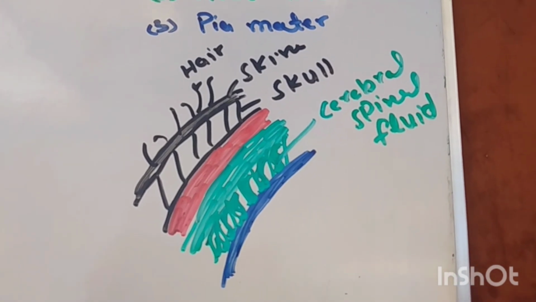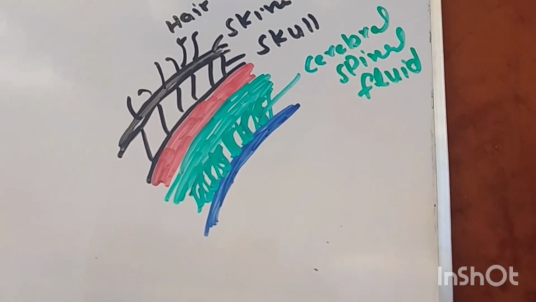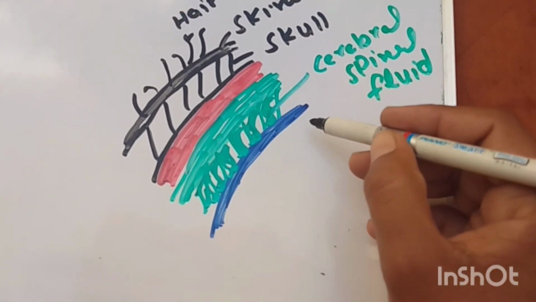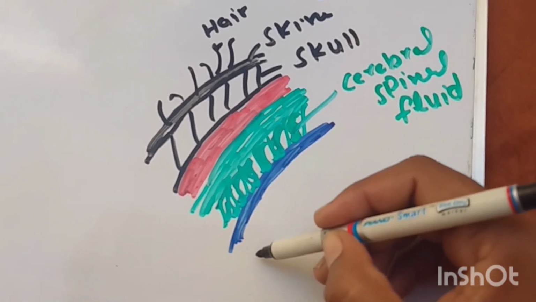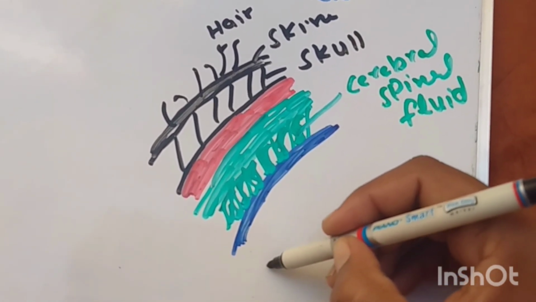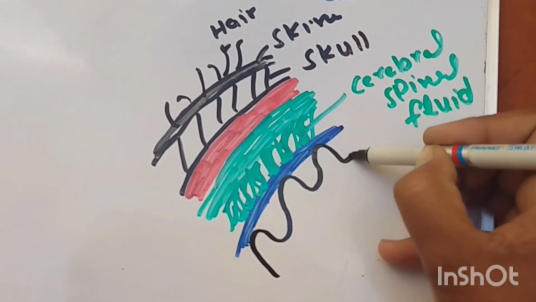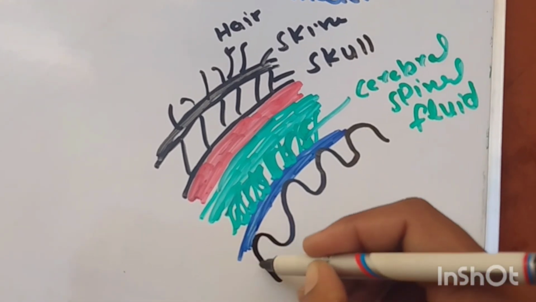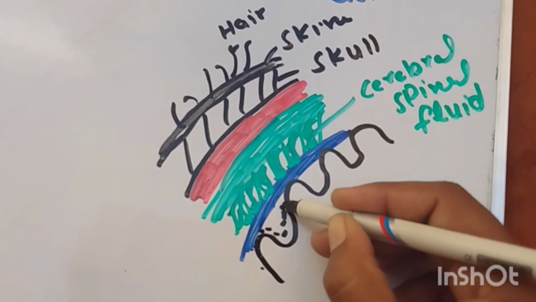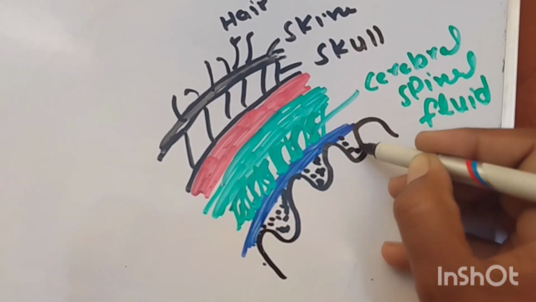So beneath the pia mater, the cerebral cortex starts. This is our cerebral cortex. Cerebral cortex consists of millions of nerve cell bodies.